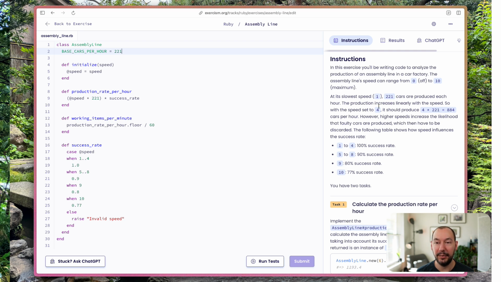I mean, it's really a base rate that's modified by the speed. So the slowest speed is like the minimal of what can be done. The basic, right? It's probably like one machine working or one set of staff working, or whatever it is. So base cars per hour is 221. It's not the best name to give this constant.